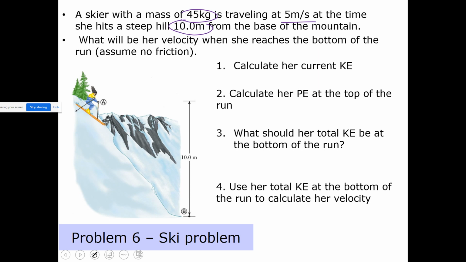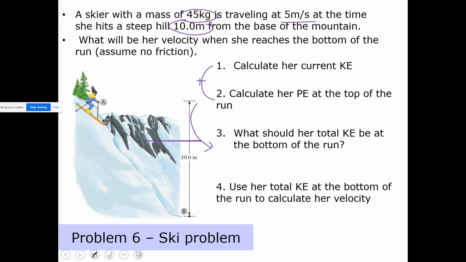Number 3, what should her total energy be at the bottom? Well, her total energy should be the same as the total energy at the top. So these two added together should give you the total energy at the top, which is also the total energy at the bottom. And then finally, using her total energy at the bottom of the run, calculate her velocity.